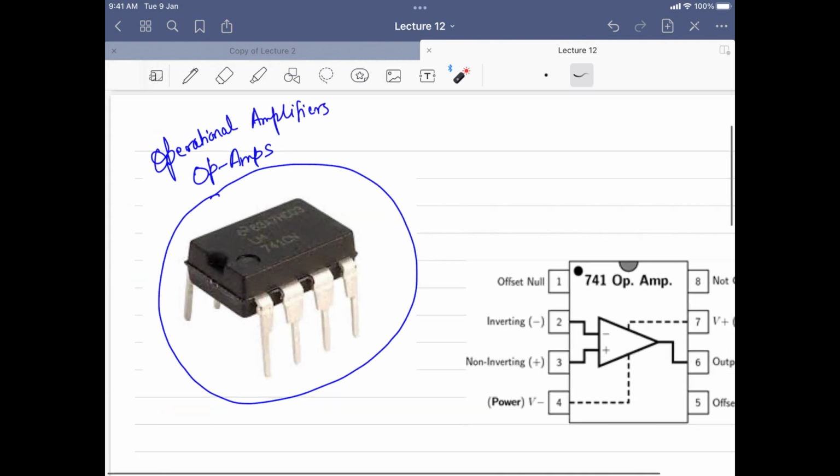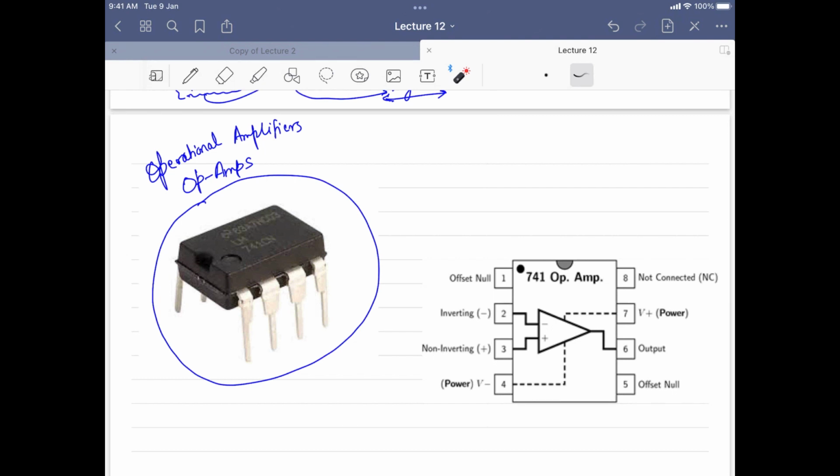This is a very famous op amp which was used in older times, like in the 90s and 2000s. We also use it now because it's a discrete component and not an integrated component, so you can use it in your labs.